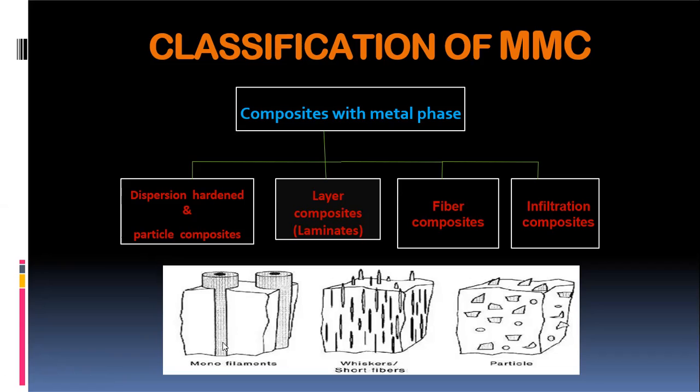This is the monofilaments, which is like a reusable battery. And second type is the whiskers or short fibers. So they have been used in the form of whiskers. And last one is the particles, small powder type particles seen in the material. So these are the different types of classification of MMCs.